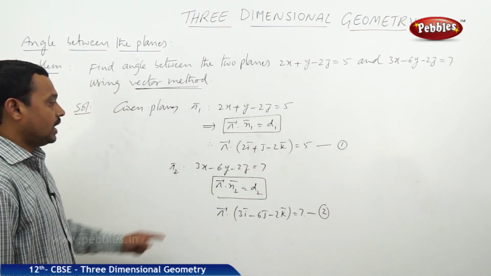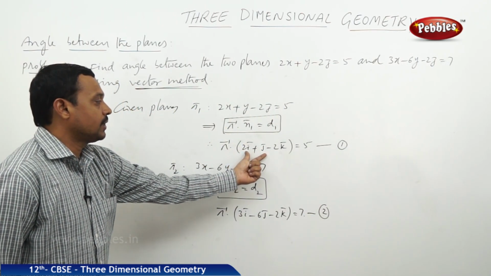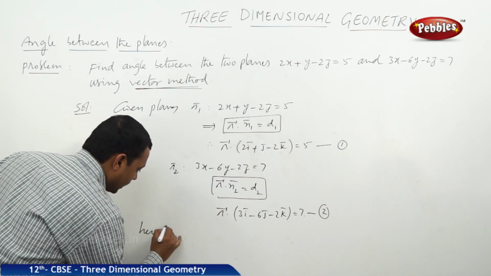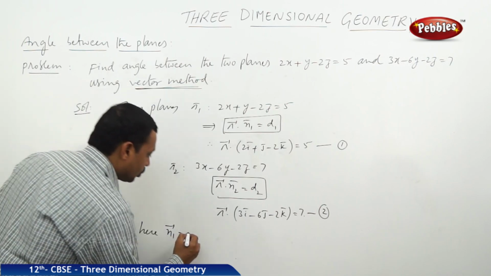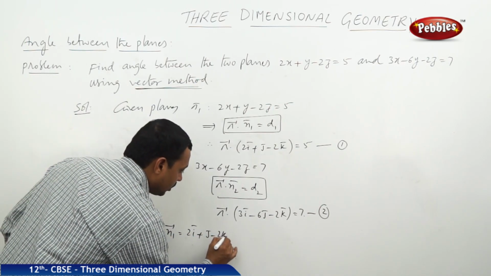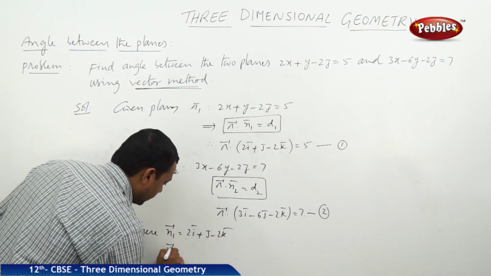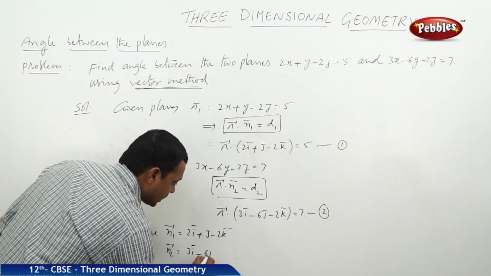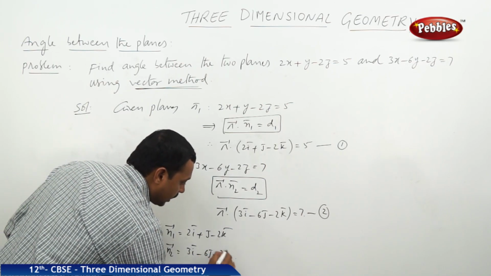Now here n1 vector is equal to 2i plus j minus 2k and n2 vector is 3i minus 6j minus 2k.